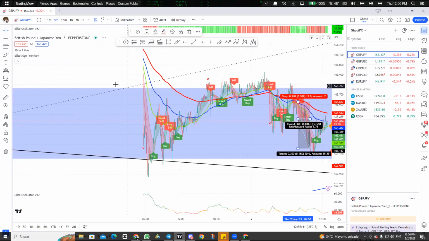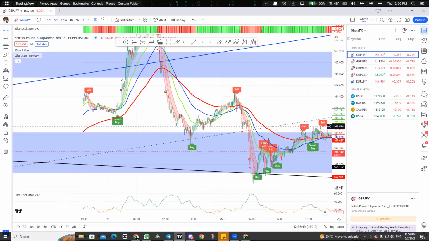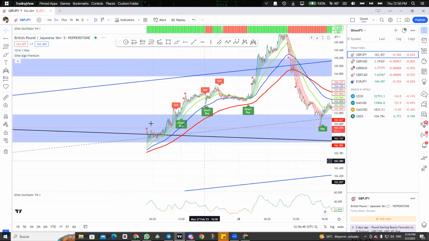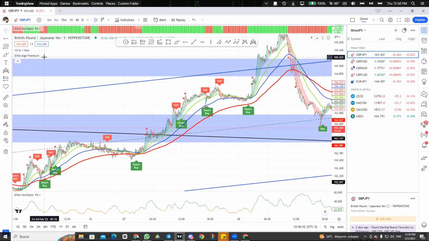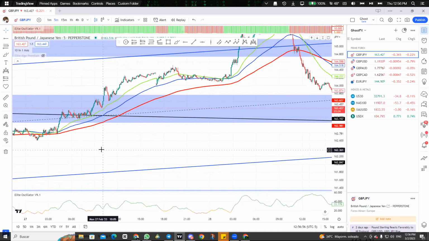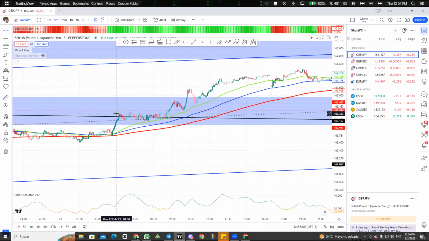You're gonna send me screenshots of trades and tell me how they did and why you did it. If you're gonna take a trade, let me know why. Like here we have one entry, entries here, entries here.